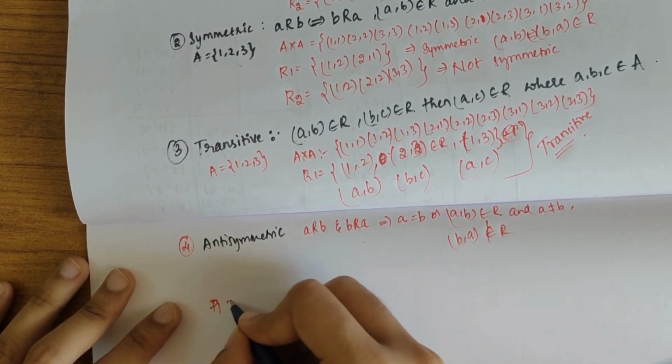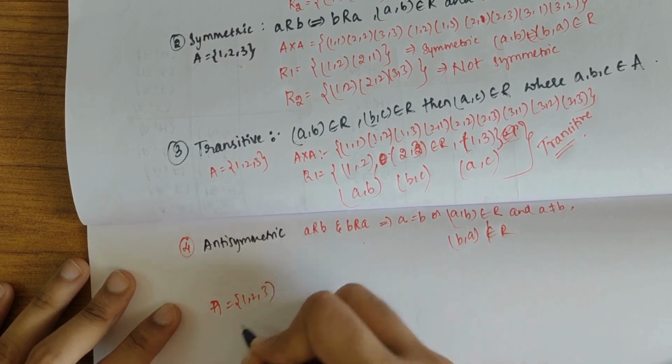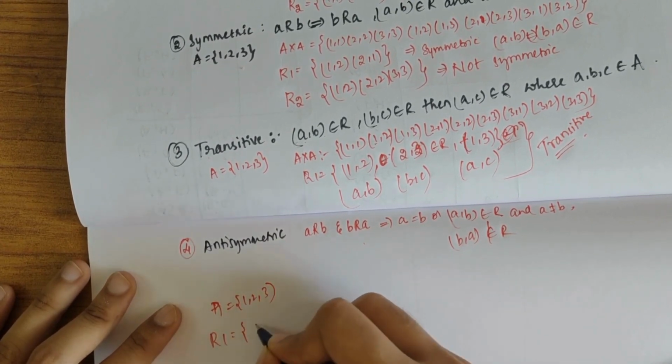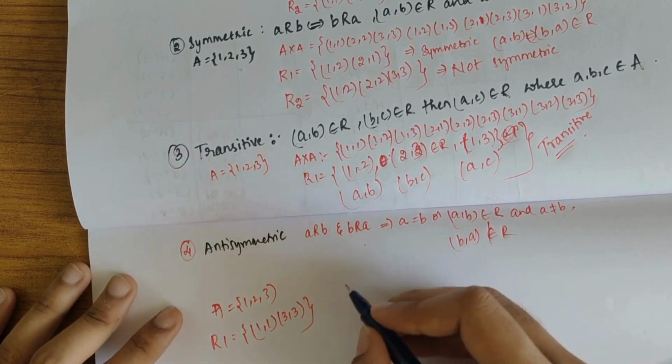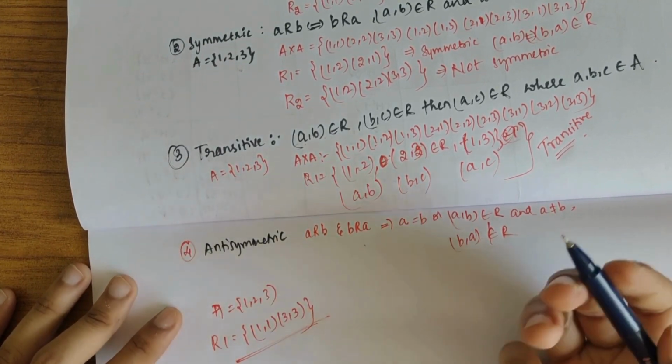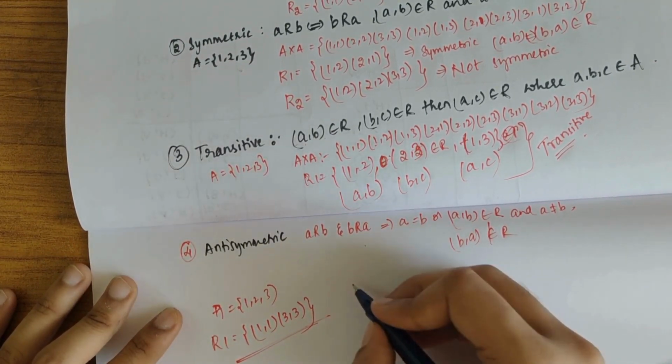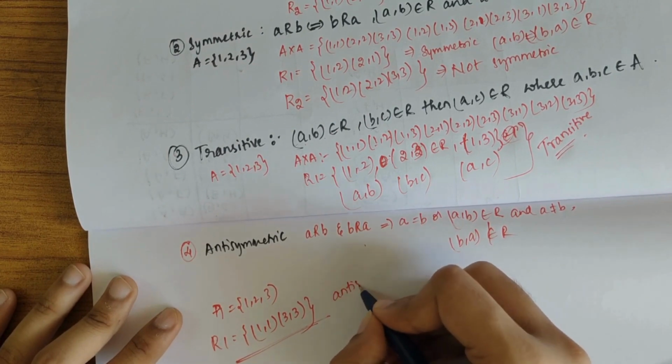A is equal to {1, 2, 3} and R1 is equal to {(1,1), (3,3)}. We can say that this is not reflexive, but it is antisymmetric.